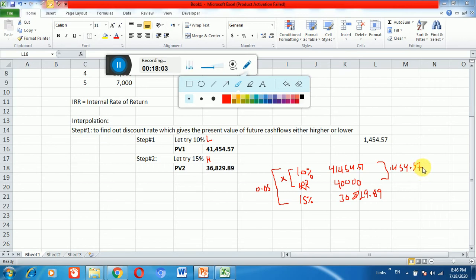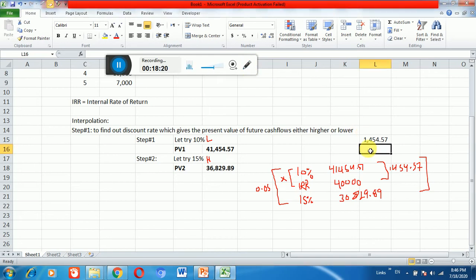Now how much is the difference between the two values, 41,454 and 36,829.89?